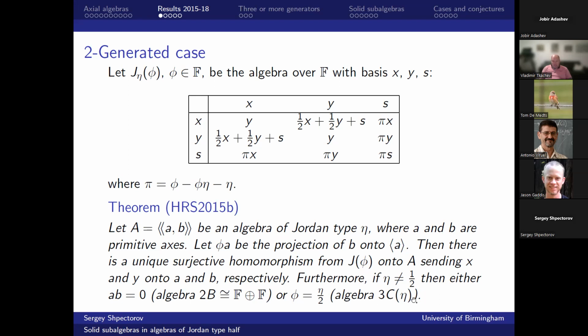And in this case, this algebra has 3 x's, and the group that acts on it is a group of order 6, S3. Okay, so if eta is not a half, only this exists. If eta is a half, any value of phi gives rise to a good algebra. So that's why eta equal to 1/2 is much more difficult, because there is this infinite family of algebras which are generated, which exist only for eta equal to 1/2.